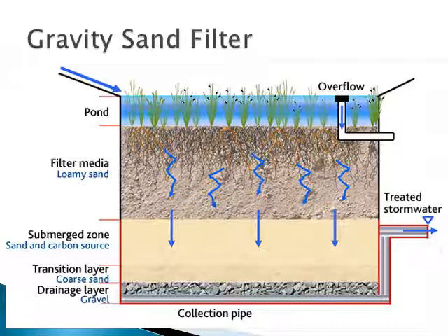In this process, we use different layers having different sand sizes as well as gravel sizes. The bottom layer is the gravel drainage layer, followed by coarse sand. After that, sand plus a carbon source, followed by loamy sand. When the water passes from upward to downward, all particle impurities stick to the sand, and we get pure water.